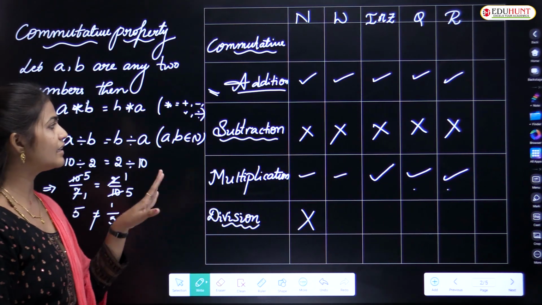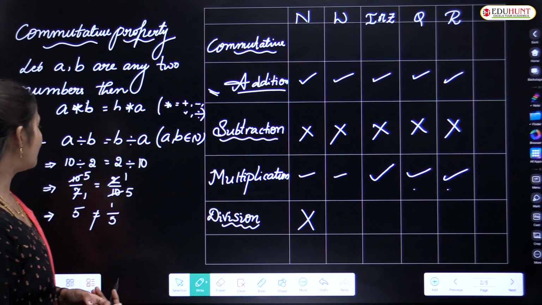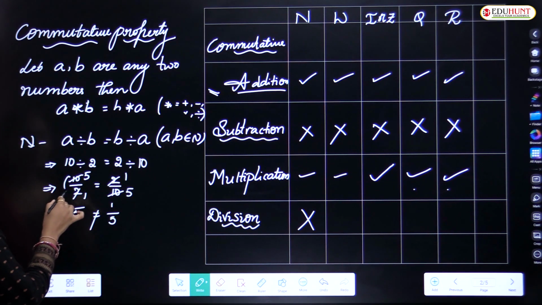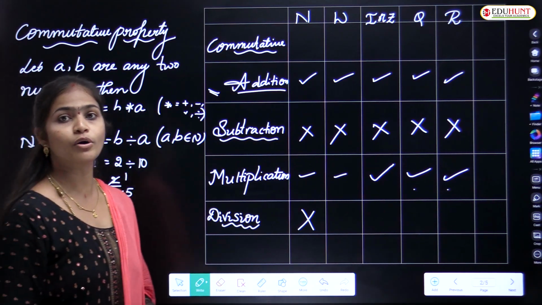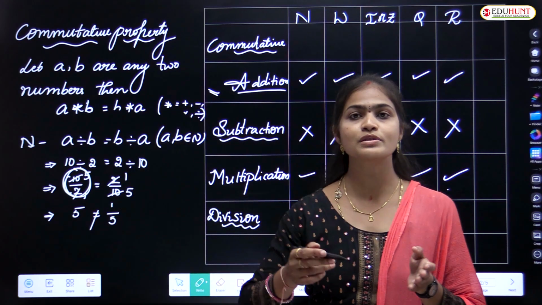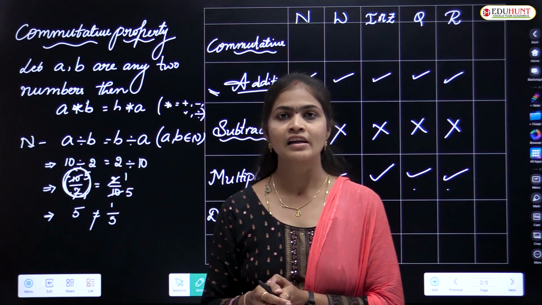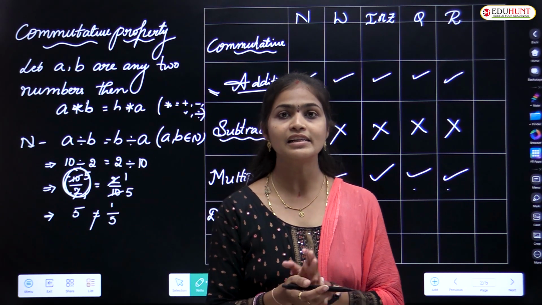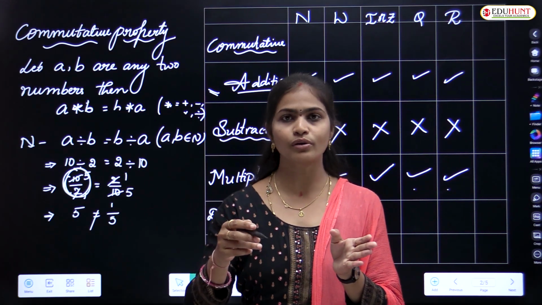Not only natural numbers, whole numbers also will not satisfy it. Why? Because if you take the reciprocal of the first fraction or first division form, always you will get its opposite value, meaning its reciprocal value only. For example, here you will get 1 by 4, and in the RHS you will get its reciprocal as 4 only.